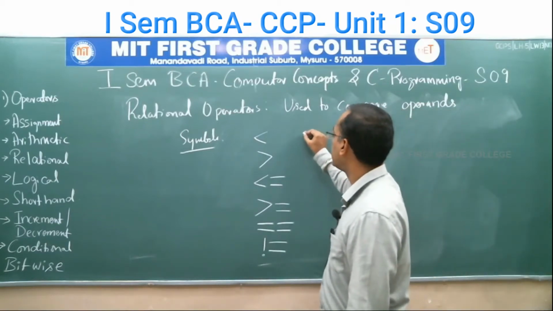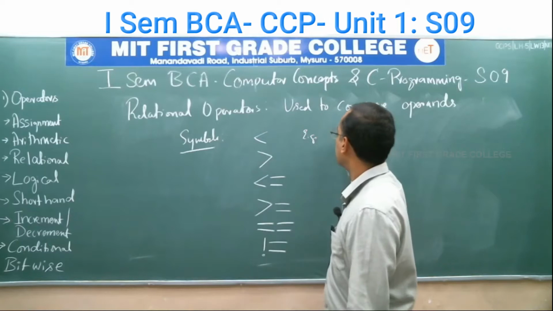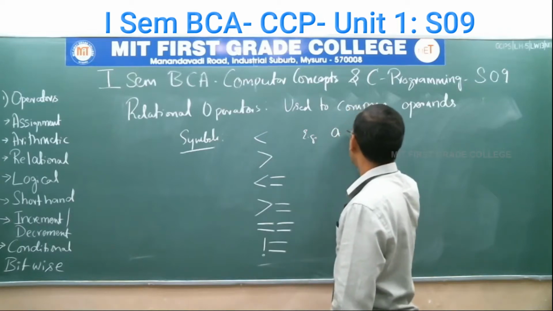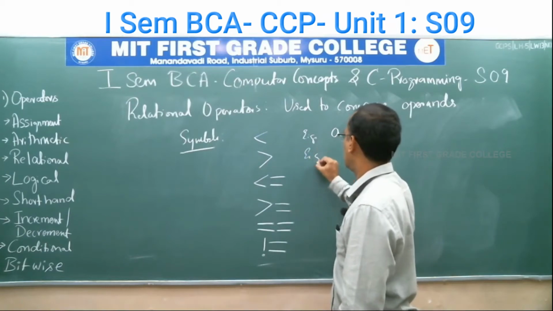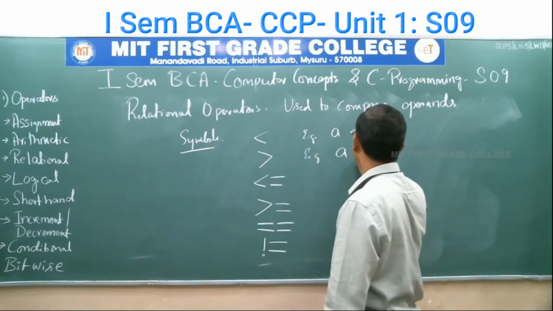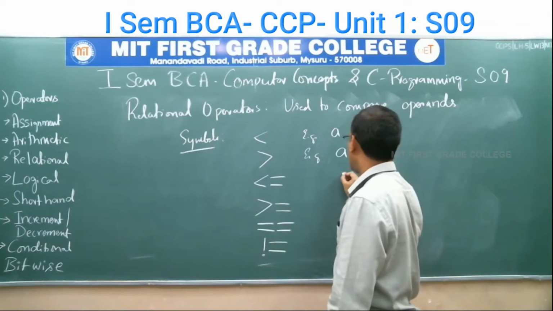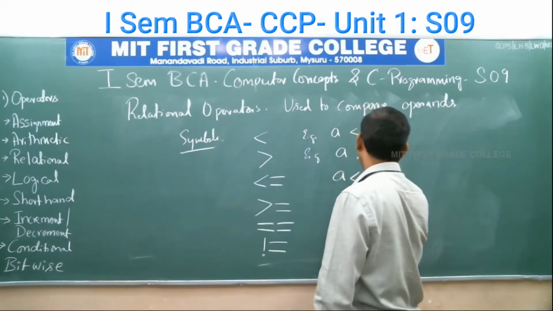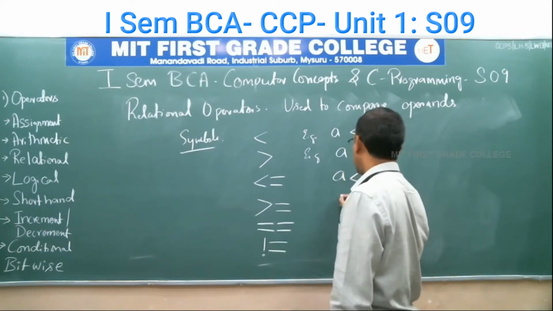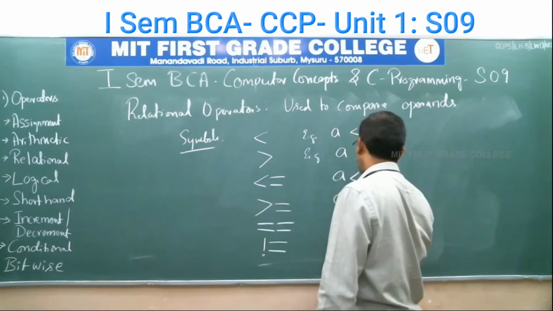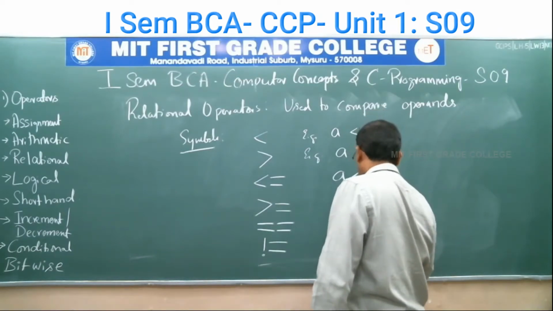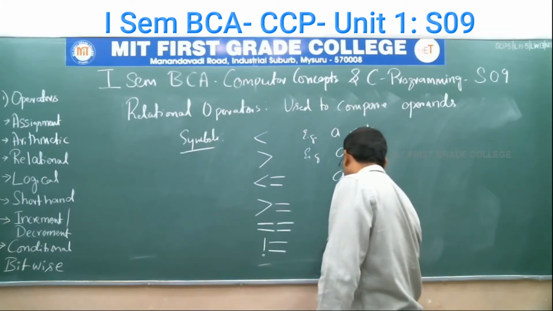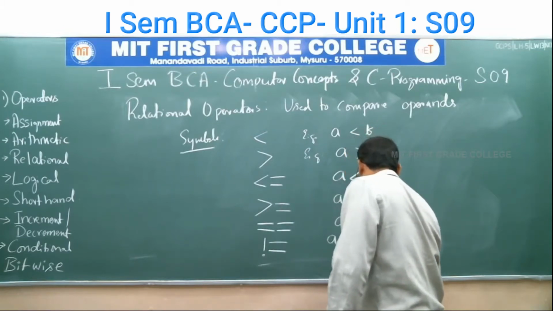So these are the symbols. I will give you some examples. A less than B. A greater than B. A less than or equal to B. A greater than or equal to B. A equal to B. A not equal to B.